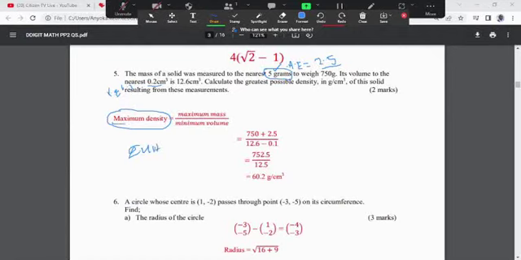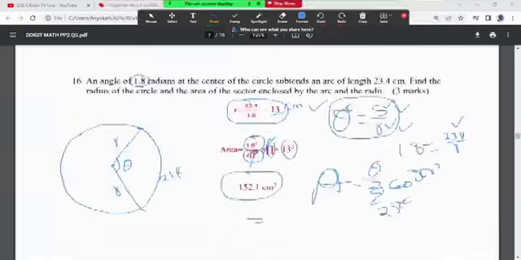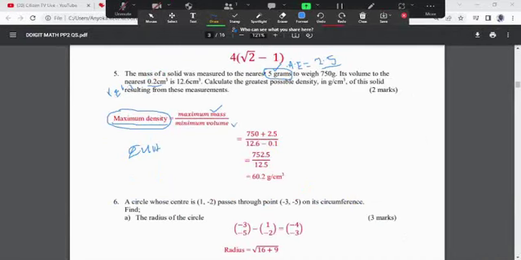Maximum quotient, which is maximum density, is equal to the maximum mass over minimum volume. So when you divide a number by a minimum number, that is the divisor is smaller, we are to get the maximum. So maximum density is equal to maximum mass over minimum volume.